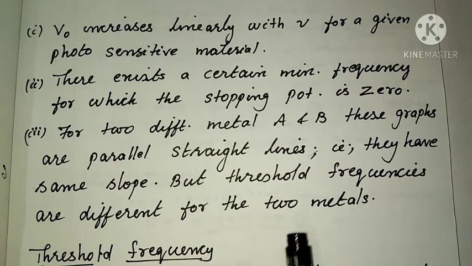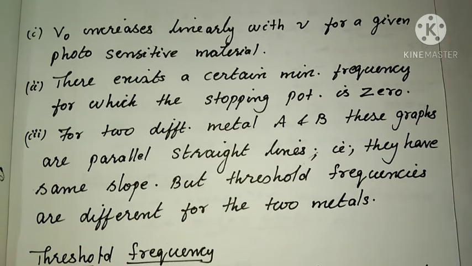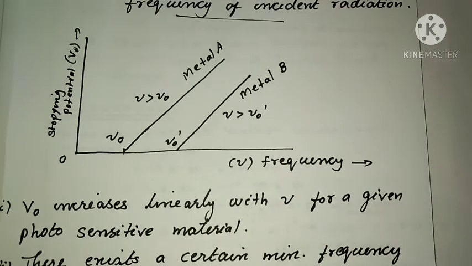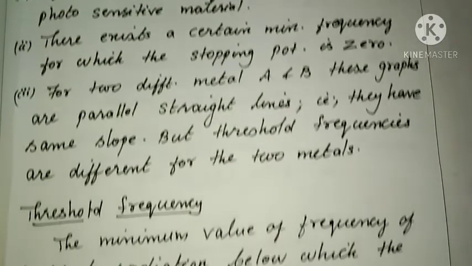Threshold frequencies are different because each metal needs different energy to emit electrons from the metal surface. The nature of the metal surface is different, so the minimum frequency is different for different metals.